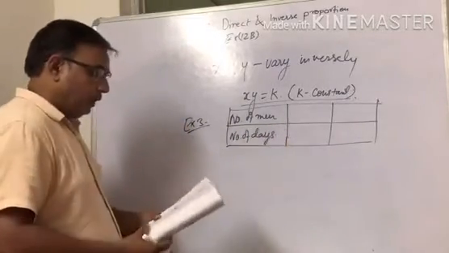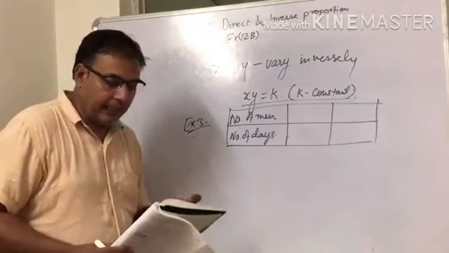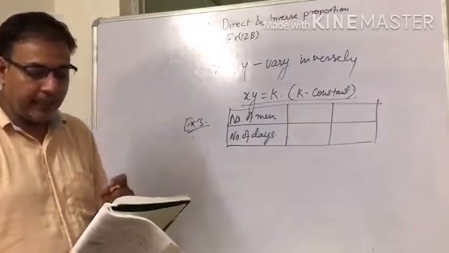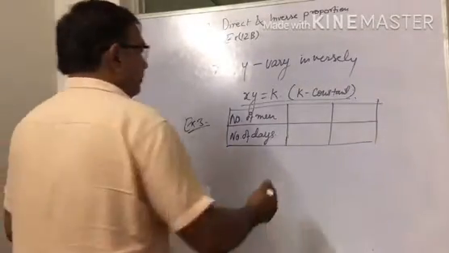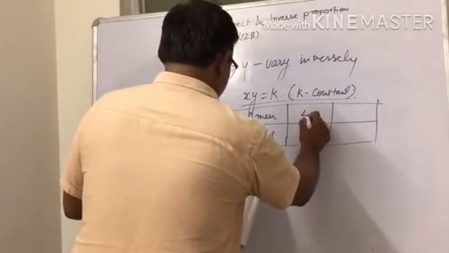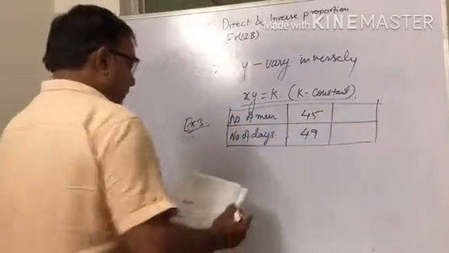The question is, if 45 men can do a piece of work in 49 days, in how many days will 35 men do the same work? Number of men is 45, then the days required is 49.